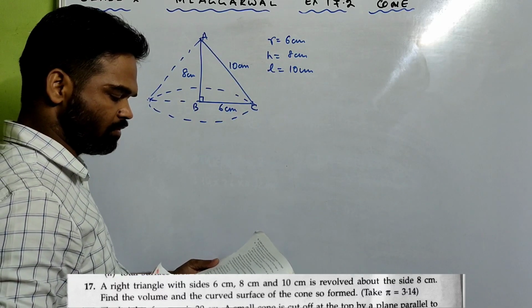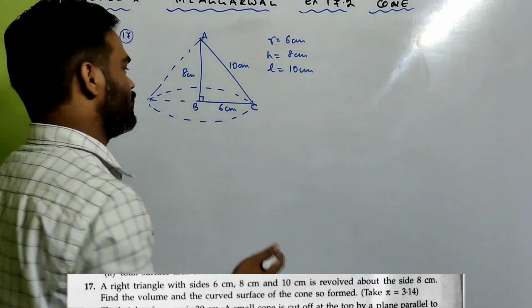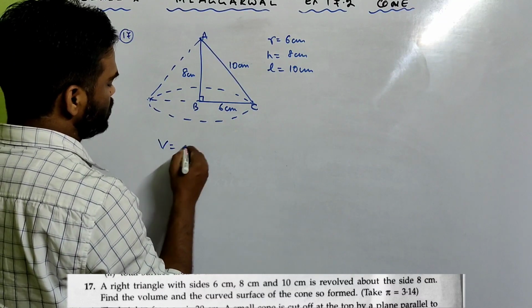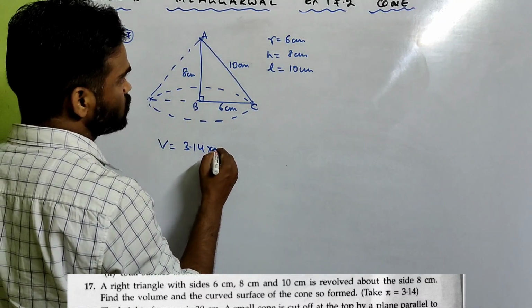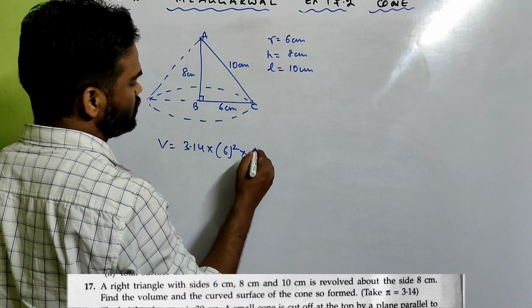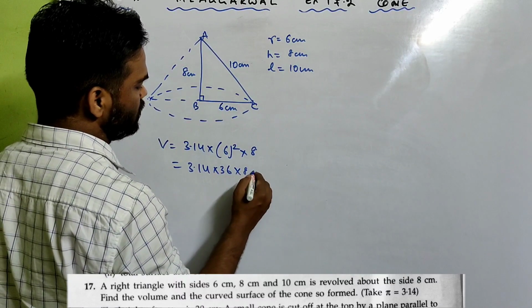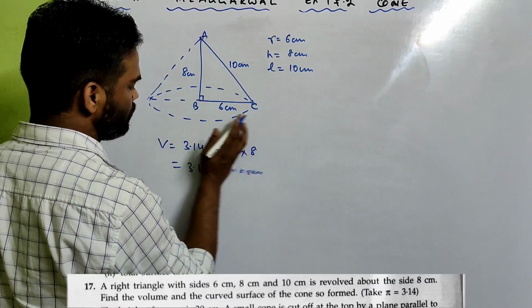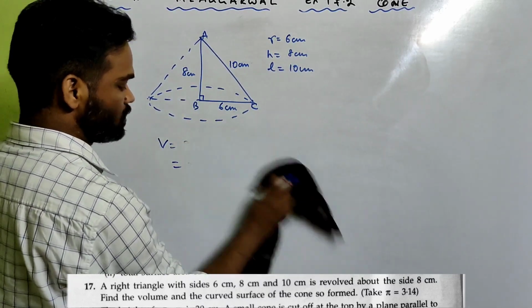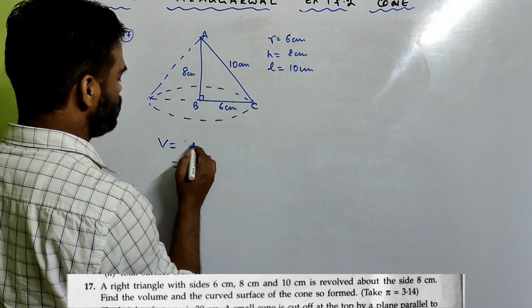Very easy. What they have asked: find the volume and CSA of the cone so formed. Take pi as 3.14. Volume is pi r square h, which is 3.14 into 36 into 8 centimeter. Sorry, this is for cylinder. You're doing for cone.